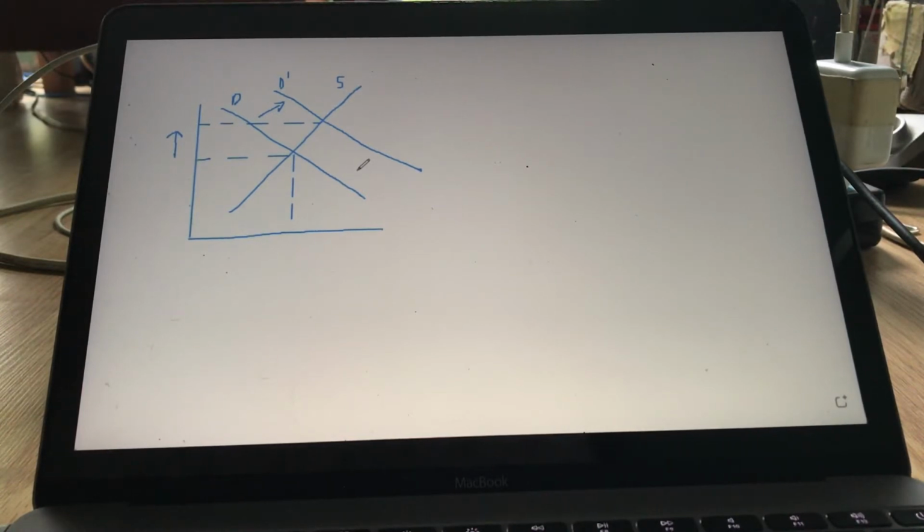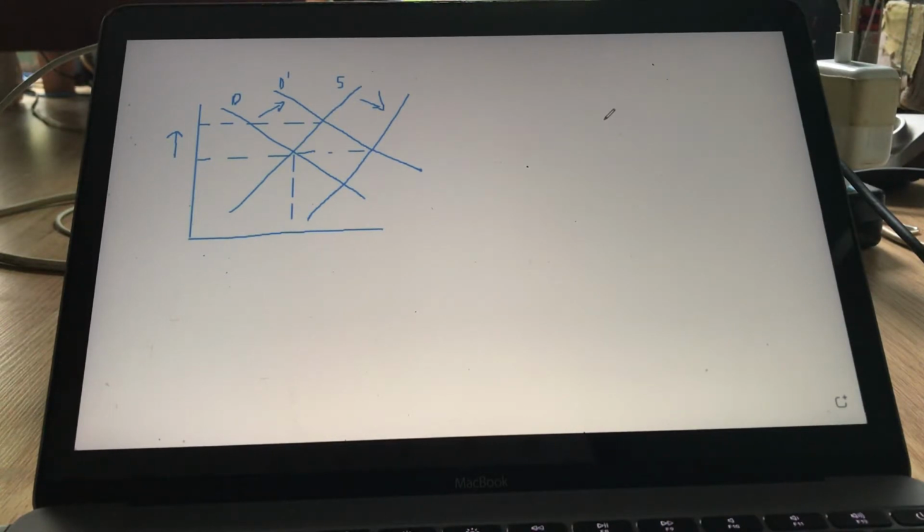The central bank will sell USD. They sell the USD, and we have the new supply curve, right? And in return, they receive VND.